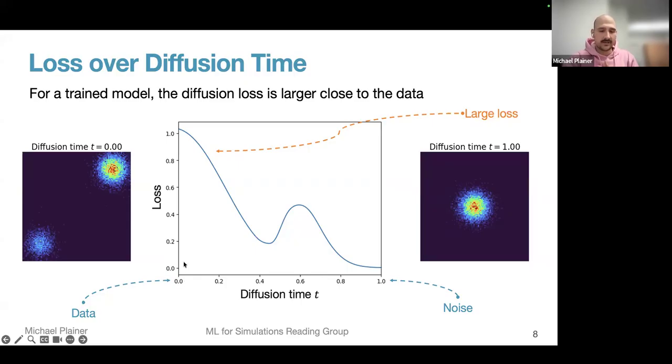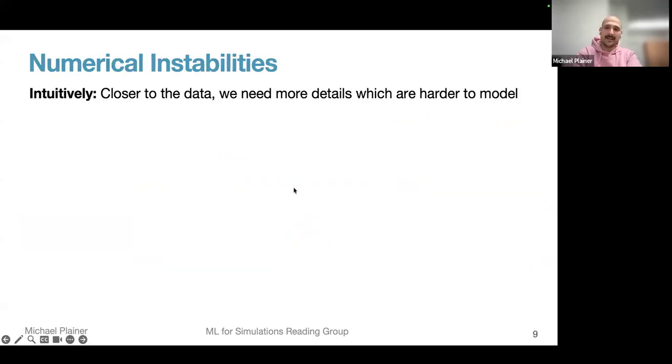And on the other side, we have our data, and here our loss is the largest. So basically, it's really tough for the model to learn the score at small t. But that's unfortunate because this is the area that we actually want to evaluate the score.